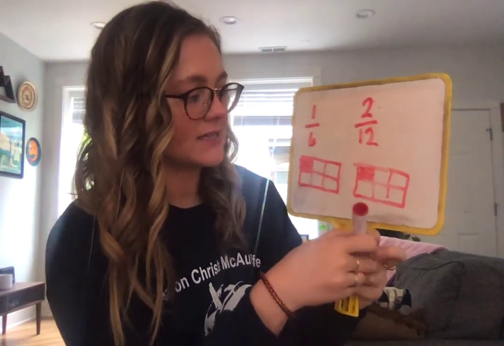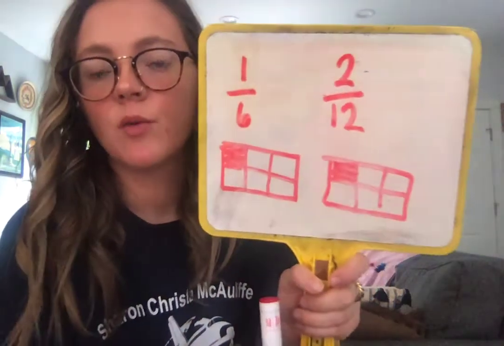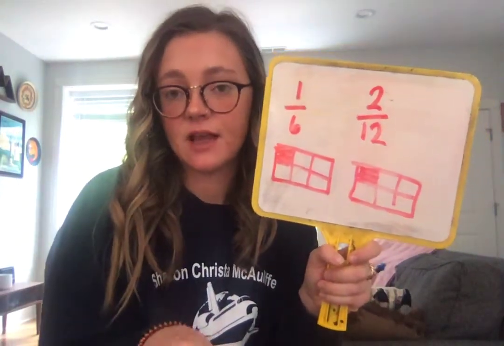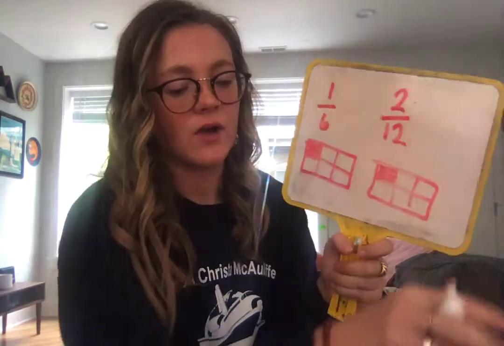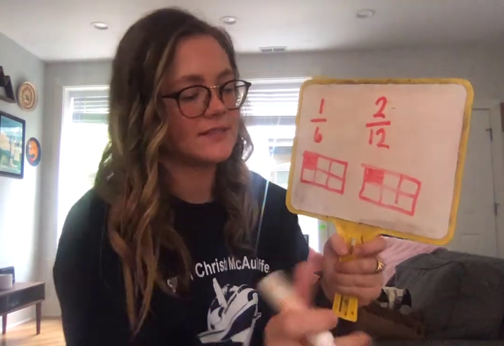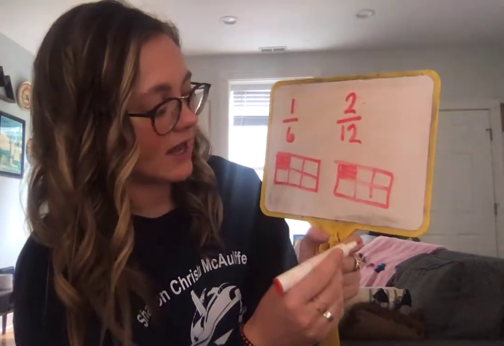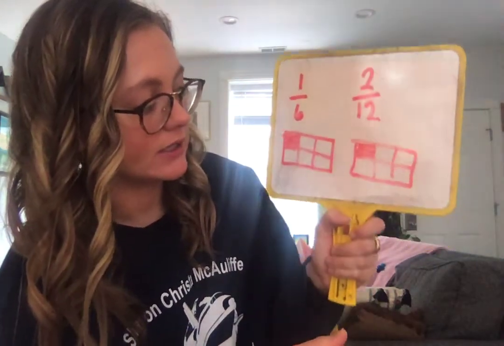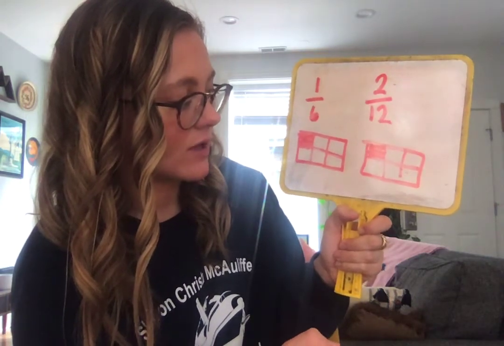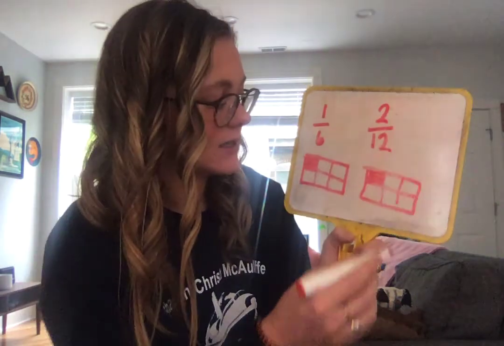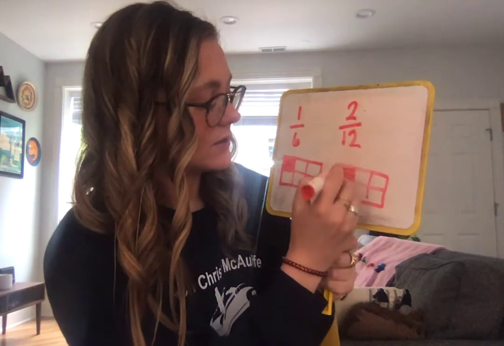And then I'm going to ask myself, how could I make this shape broken up into 12s? How could I break this shape up into 12s? So I know that I have 6, so I can actually break them all into 2 more. So if I have 6, I can break them up like this.